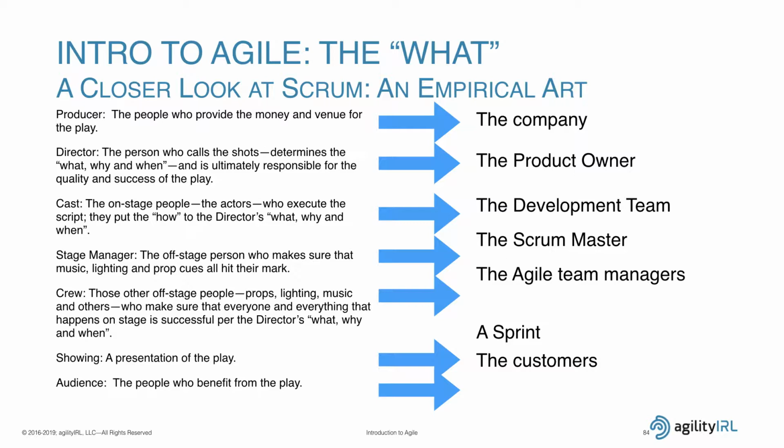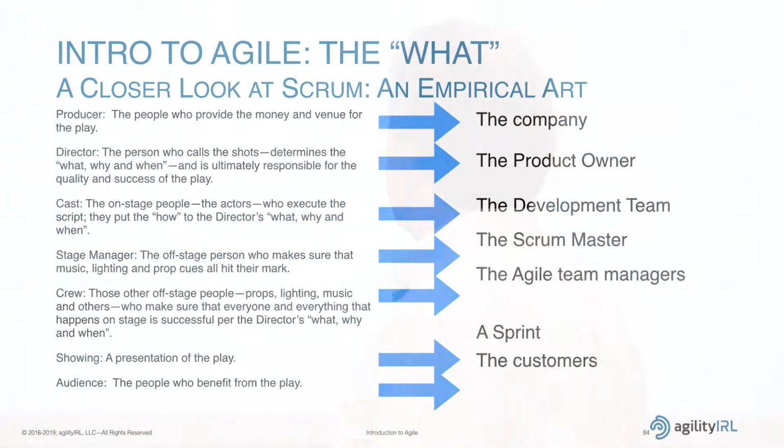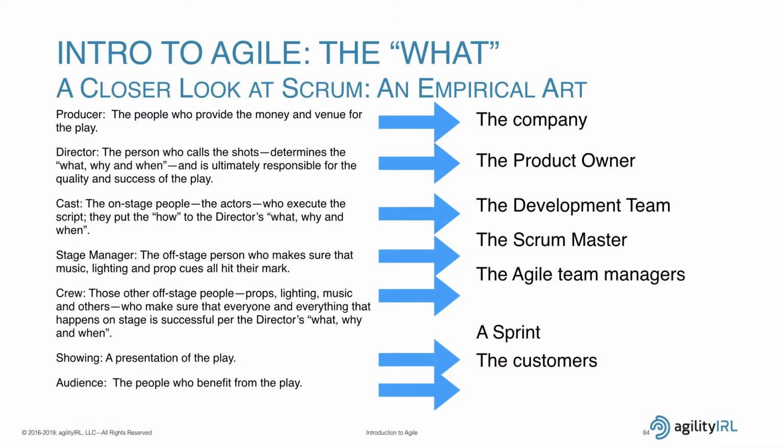You've got the cast, the people on stage doing the work. You have a stage manager, the off-stage person making sure props hit their prop cues, lights hit their light cues, music hits its music cues. You have those various crews, the prop crew, the music crew, the lighting crew. You do a showing, which is the presentation of the play, and then you have the audience.